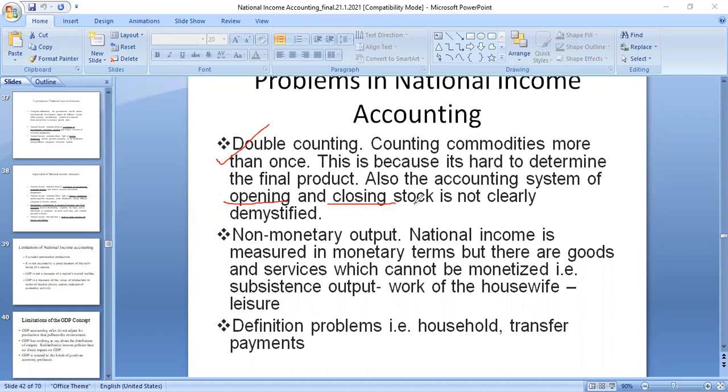Now, how will you know, when you're doing the national income accounting for this year, let me say 2021, that some of those iron sheets manufactured by that factory were from last year?